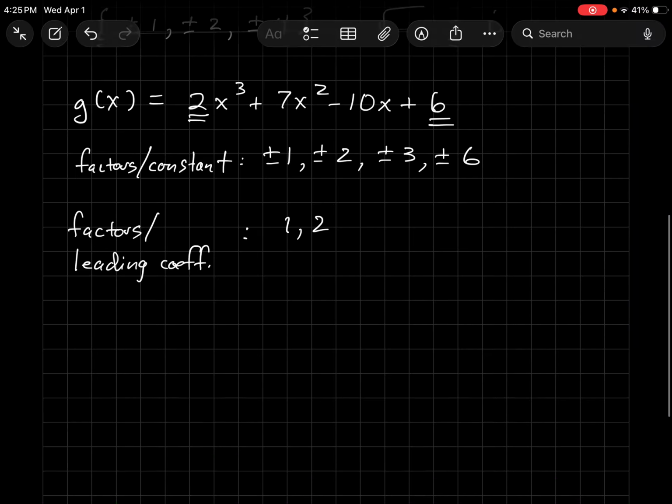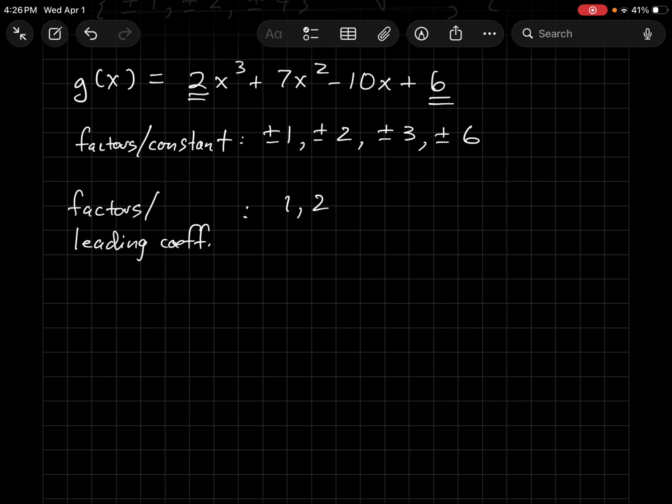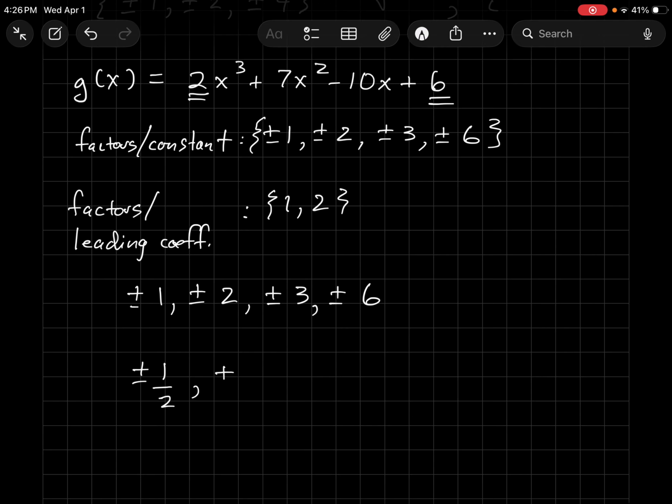So how do I get the possible rational roots of g of x? Well, I have to do all of these in turn divided by all of these, meaning plus or minus 1 over 1, plus or minus 2 over 1, plus or minus 3 over 1, plus or minus 6 over 1. But also all of those over 2. Plus or minus 1 over 2, plus or minus 2 over 2, plus or minus 3 over 2, plus or minus 6 over 2.